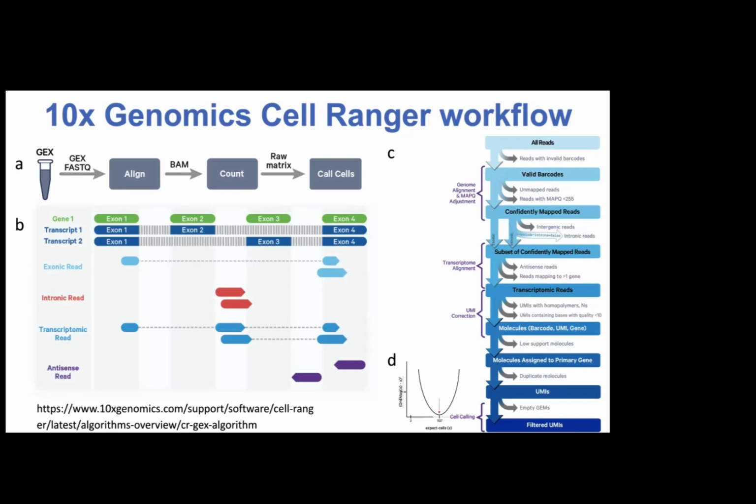Now, interestingly, in Cell Ranger, which is from 10x Genomics, they also align against intergenic reads. So they also count introns as a valid alignment target, which is interesting because it's not mature mRNA. But there you go.